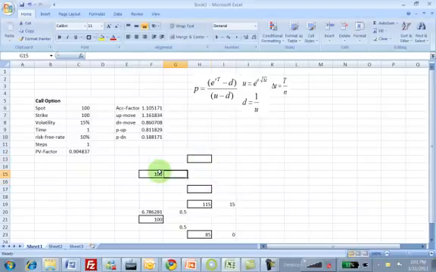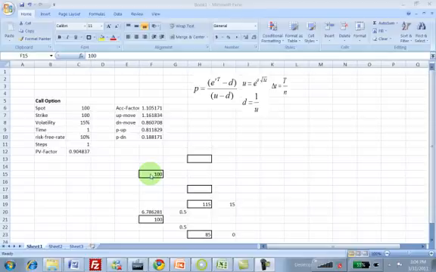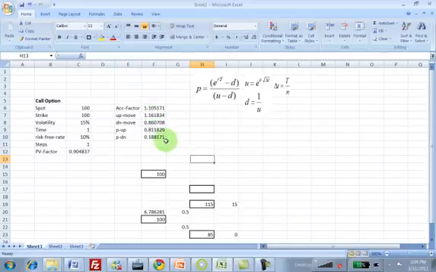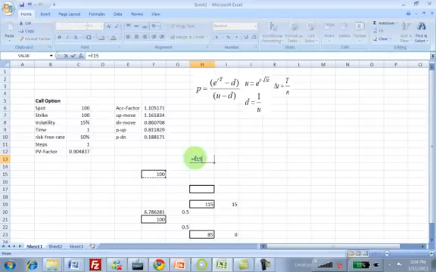I'm saying you're worth 100 here. What's your up move? So at time 0 we have a spot value of 100. At time 1 we need to find out how much prices would move. An up move is the magnitude of a jump from one time step to the next, which means this 100 would be worth 100 times the up move, and this is 100 times the down move.